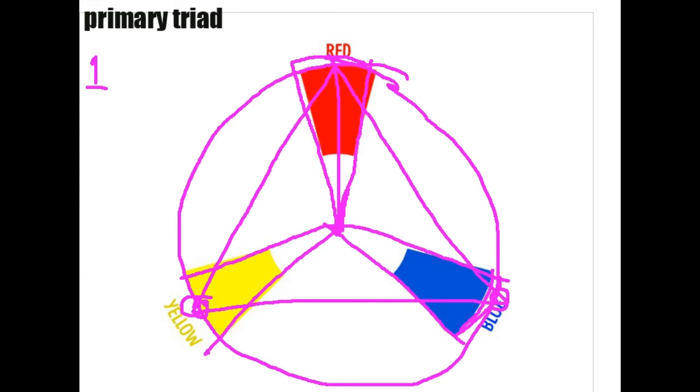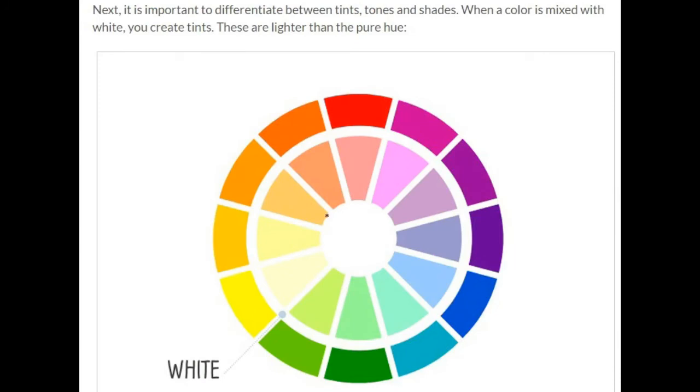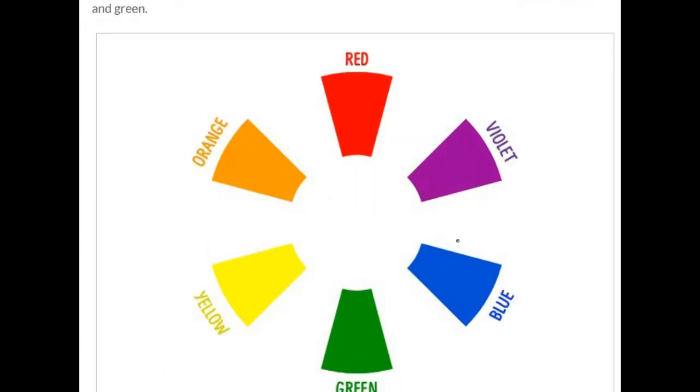Okay, the next page to make is this one. This is what we call the secondary colors. These are violet, orange, and green. Aside from the primary 1, 2, and 3, 3 more were added: the orange, the violet, and the green.